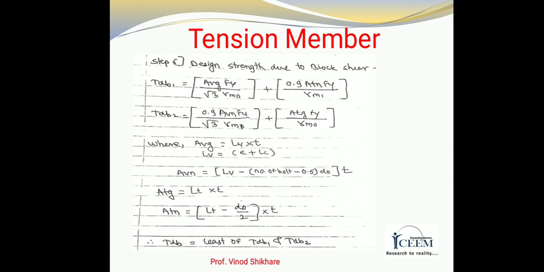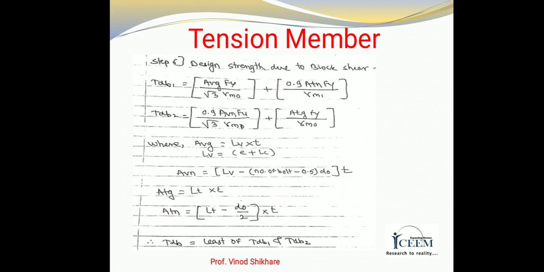From the formula, AVG is the minimum gross area, which is calculated as LV into T, in which LV is equal to E plus LC. Then AVN is LV minus number of bolts minus 0.5 into D0, diameter of the hole, into thickness of the plate.